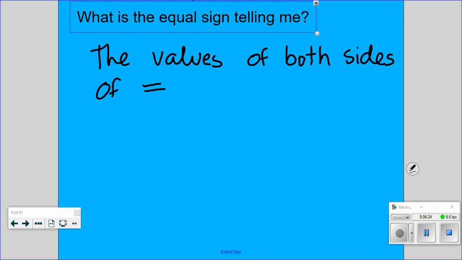The values of both sides of the equal sign are worth the same. They are worth the same. We're used to the equal sign being the answer comes next. But that is not what the equal sign means. The equal sign is telling me, hey, this side is worth the same amount as this side.